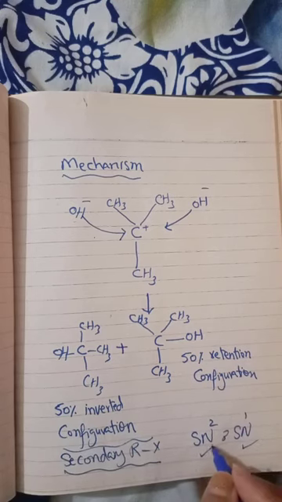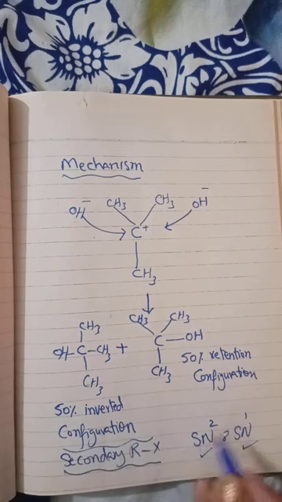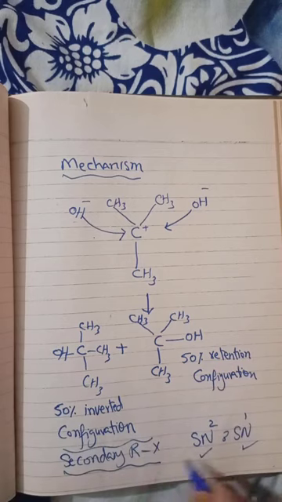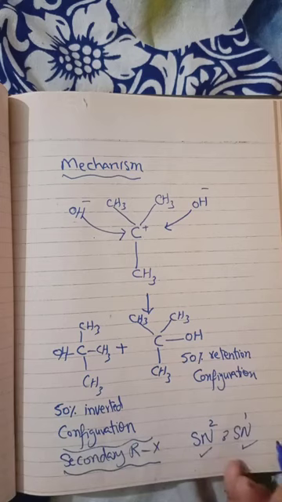If bimolecular, it means a one-step mechanism, in which a bond is formed and broken in the same step. And if it is an SN1 reaction, it means a unimolecular nucleophilic substitution reaction, and the reaction occurs in two steps. So a secondary alkyl halide gives you, say, 50% SN2 and 50% SN1. Both are possible in this case. Thank you.